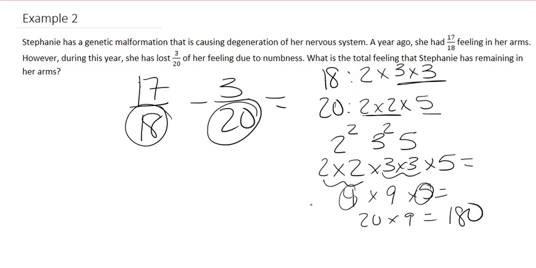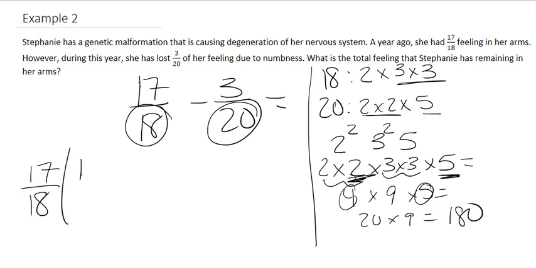So let us go back to our original problem and multiply what numbers they are missing from each other. So 17 over 18, it's missing the 5 and the 2. So we will multiply this number by 10 because it is missing one of the 2s from here and this 5.